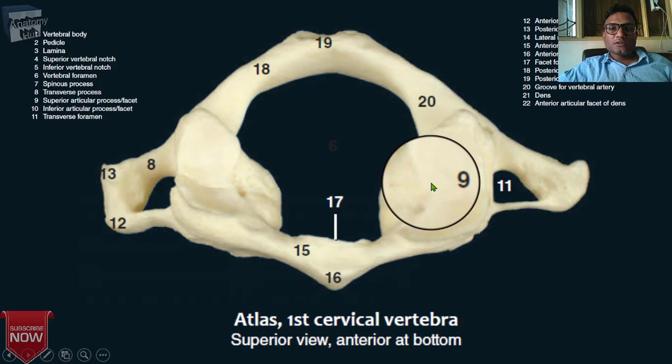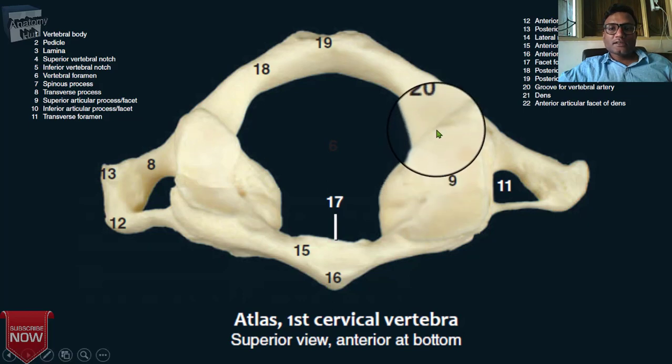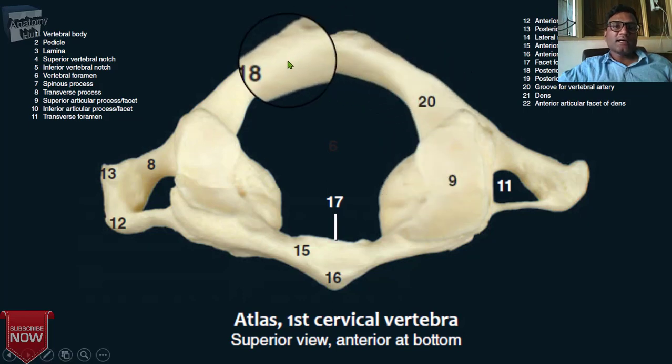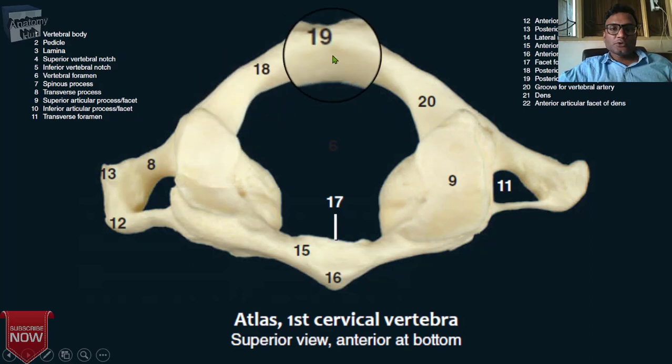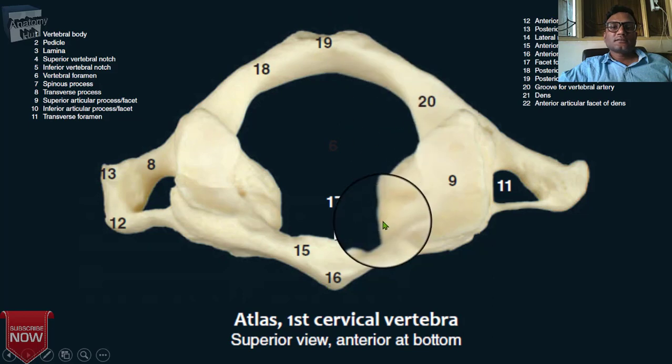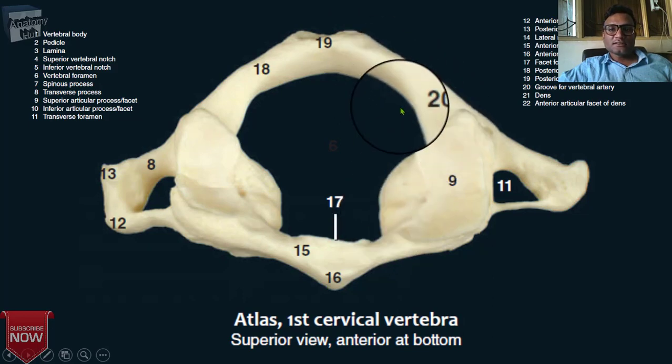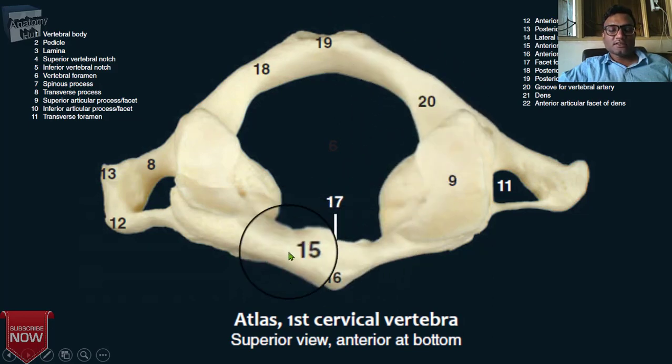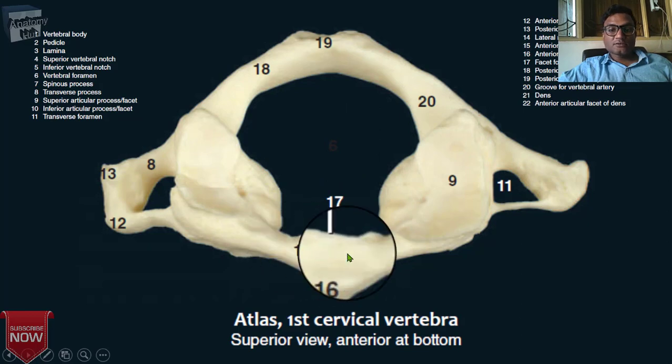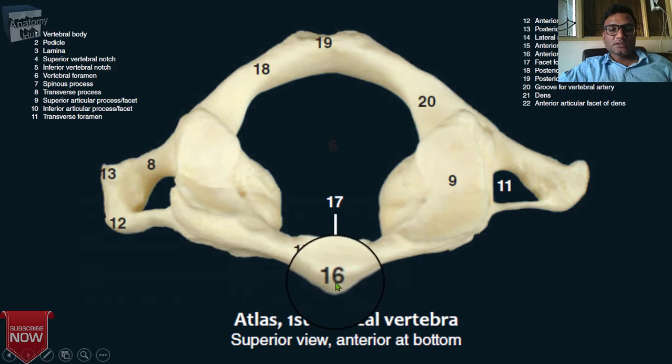Here you will find the arch. This is the posterior arch, which is much longer than the anterior arch. Here you can see the anterior arch, and at the anterior arch you will find a tubercle, the anterior tubercle.